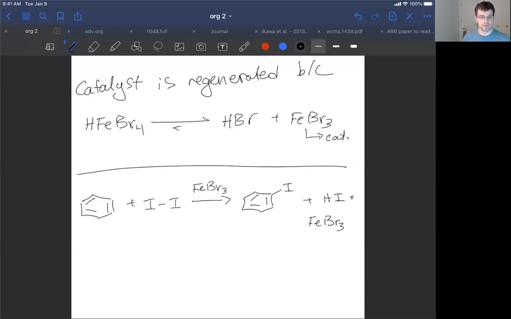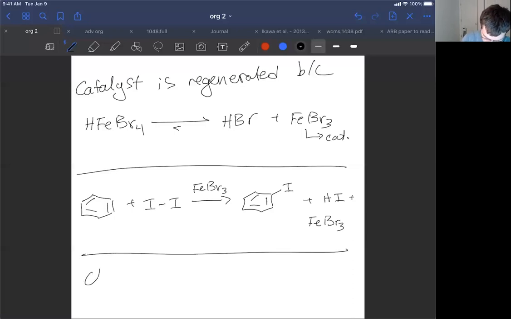Okay. Now with chlorine, sometimes the elements get kind of swapped around and it's hard to know what you're putting into the reaction, and FeCl3 isn't as good of a catalyst. So you're going to change the catalyst if you want to do chlorination.